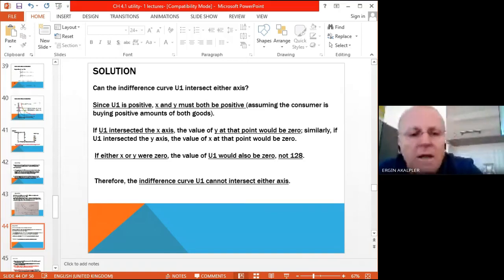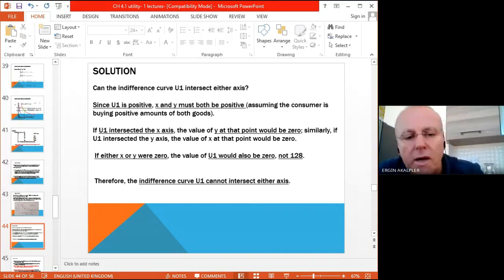And if U1 intersected the X-axis, the value of Y at that point would be 0. Similarly, if U1 intersected the Y-axis, the value of X at that point would be 0, isn't it? Because when you are giving any of these the total consumption of X and Y, the other one will be 0.